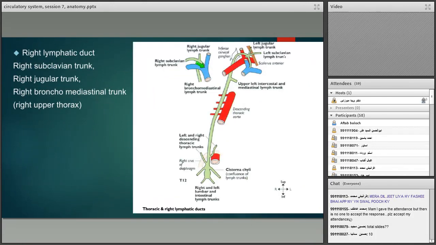From the right side of the head and neck it goes to the right lymphatic duct, and from the left side to the thoracic duct.